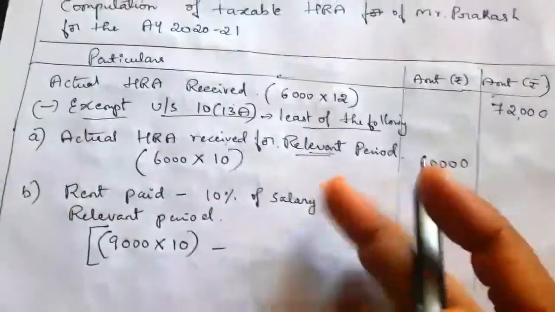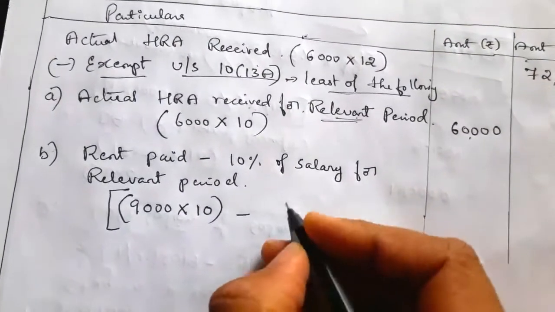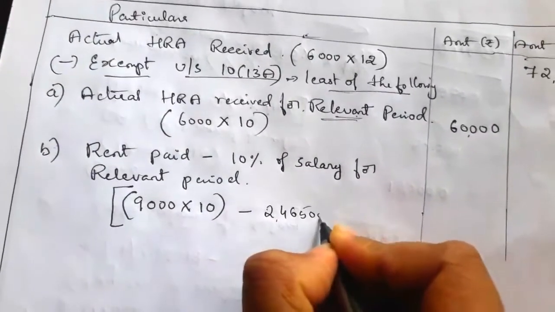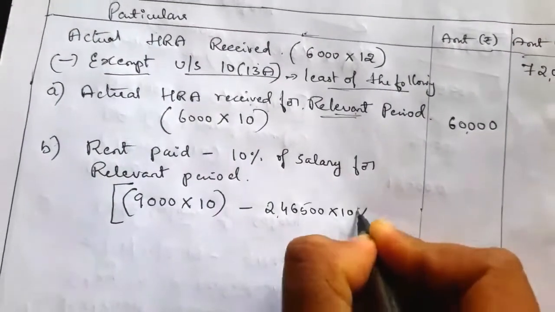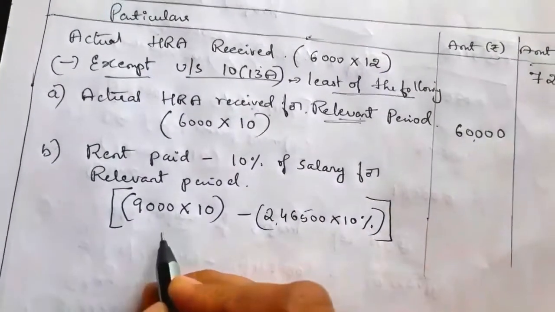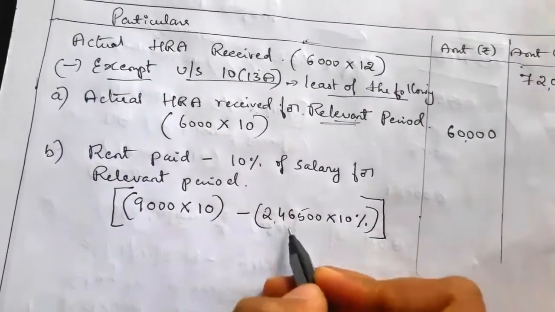So as per condition we have to take 10% of salary. So salary how much? 2,46,500. In that only 10% we have to take. So rent paid is 9,000 into 10, minus 10% of salary.